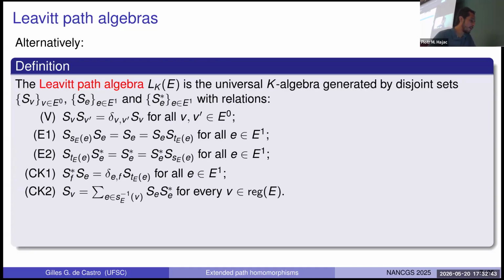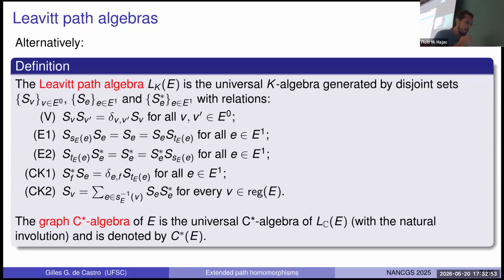I didn't write the Cohn path algebra, but if you just remove CK2, then you have the Cohn path algebra, and with CK2 you have the Leavitt path algebra. And I'm not going to talk too much about C-star algebras, but the graph C-star algebra is the same thing, just the universal C-star algebra generated by the same relations. Because we have a star algebra here, when you take K to be the complex numbers, you just take the universal C-star algebra of this star algebra.